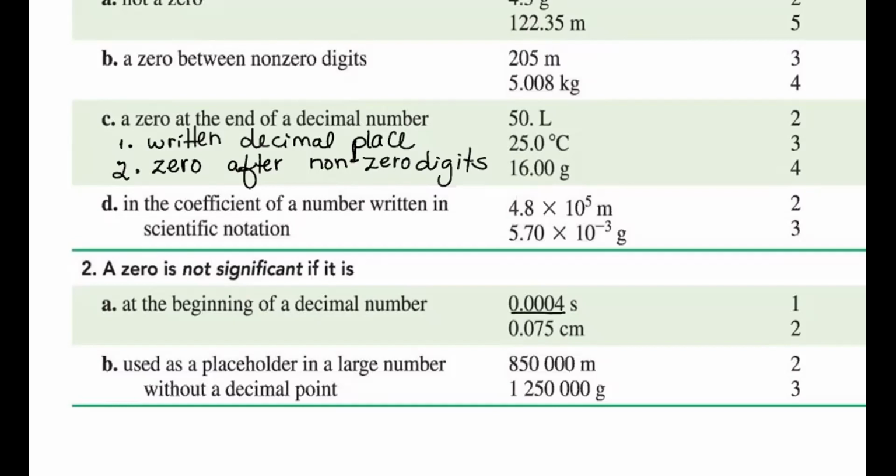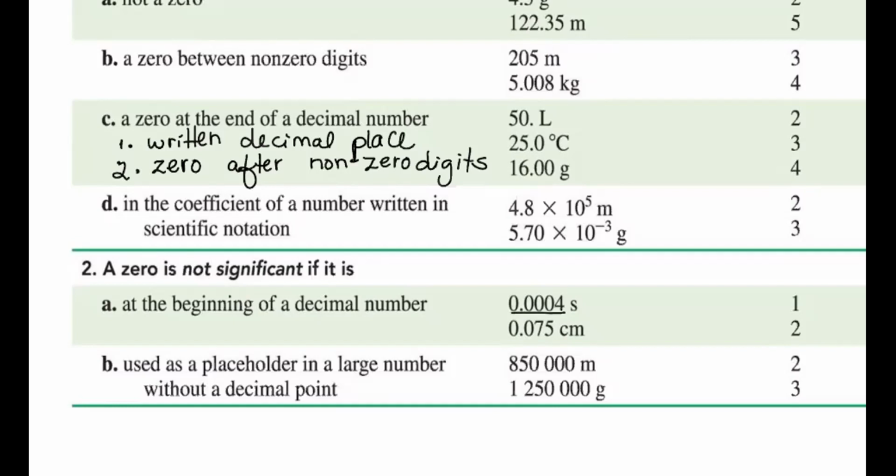Let's look at 2B. Zeros, when you have a large number and you don't have a decimal place written, like 850,000. They're there just to tell you that you have a large value. It's not that they're not important. Their role in this value is just telling you that you have a large number.